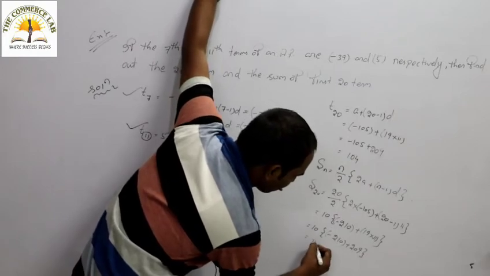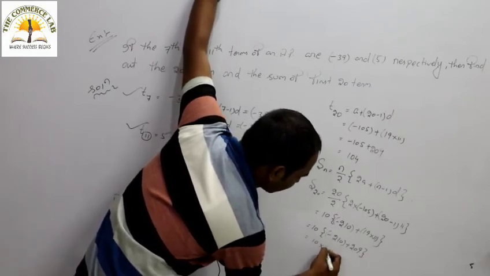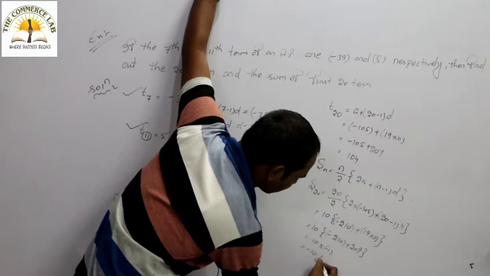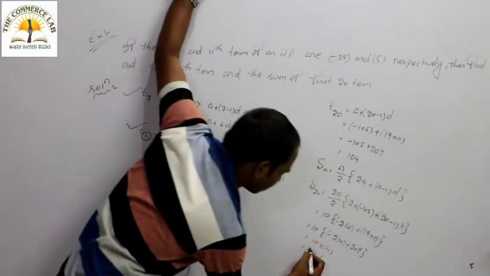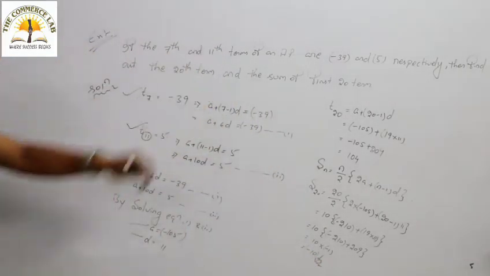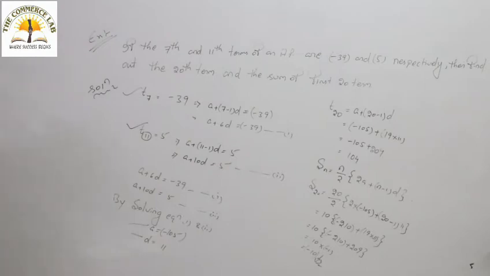So 10 into minus 1 is minus 10. So the sum of first 20 terms is minus 10.